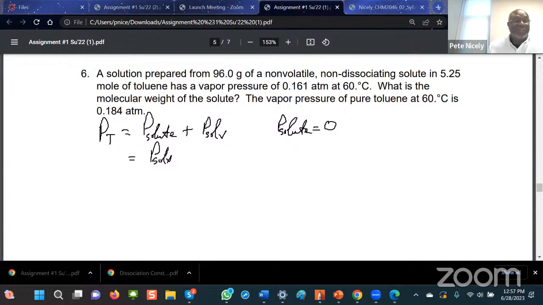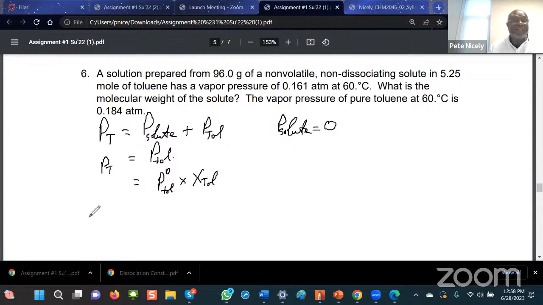All right, so let me change this here. Instead of having solvent, since we know what the solvent is, I'm just going to change that to toluene here. I'm just going to put TOL for toluene, all right? So basically, all we need to do is find the vapor pressure of toluene, and the expression for that would be the vapor pressure of pure toluene times the mole fraction of toluene, all right?